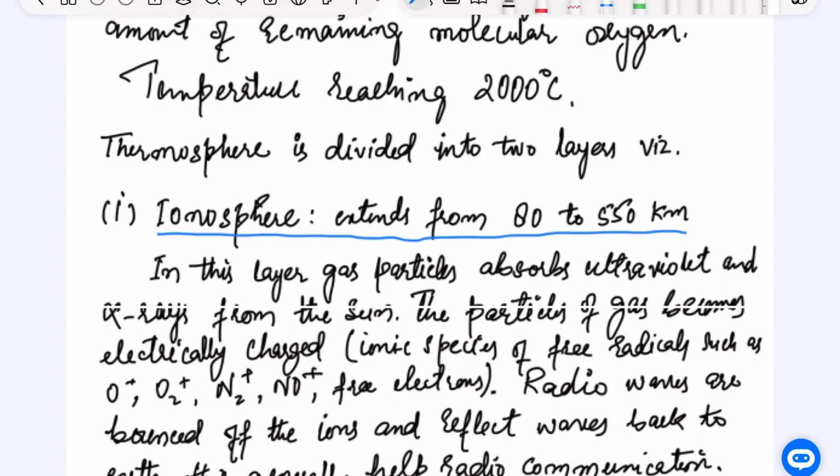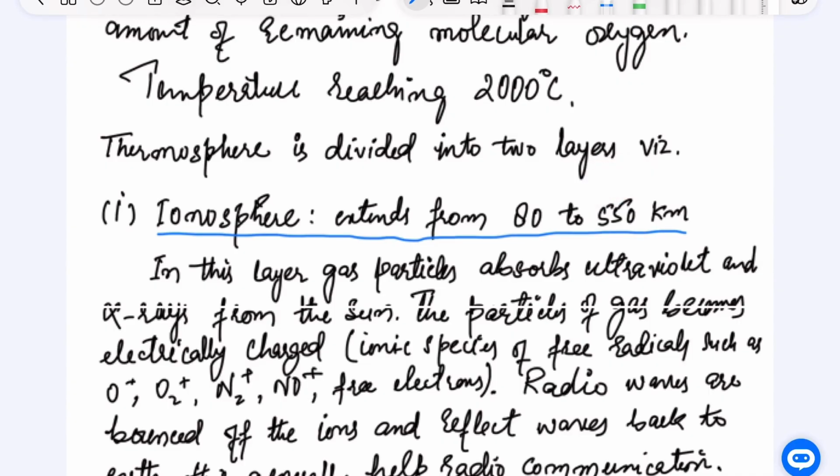The ionosphere mainly extends from 60 to about 600 kilometers. A few books write that it extends from 80 kilometers, and a few books write that it is from 60 kilometers to 600 kilometers.